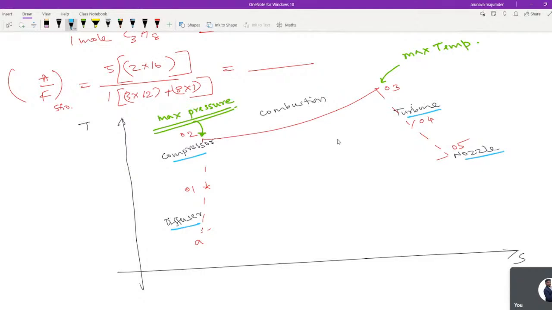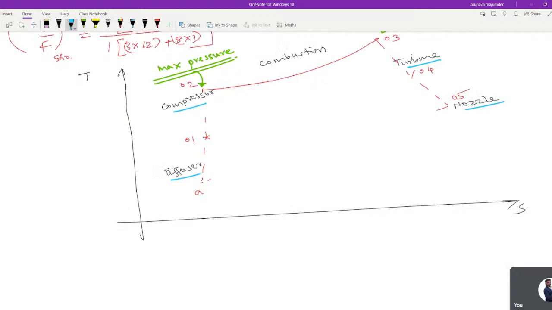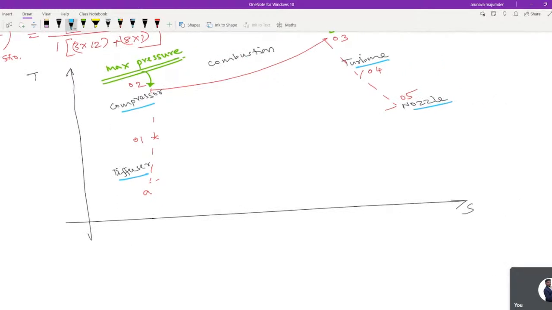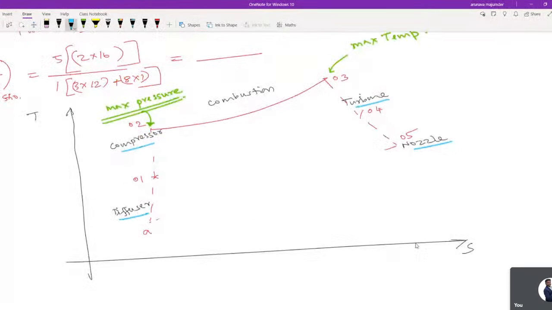Now I will move forward to the efficiency part.